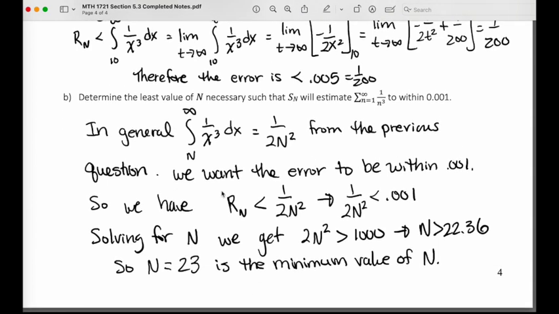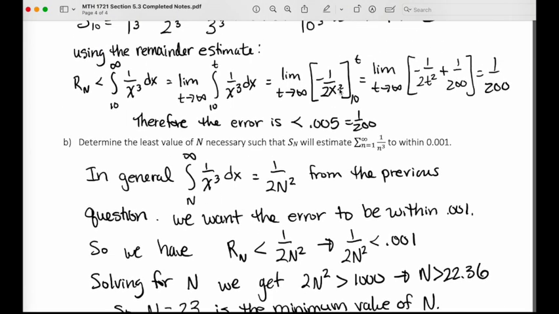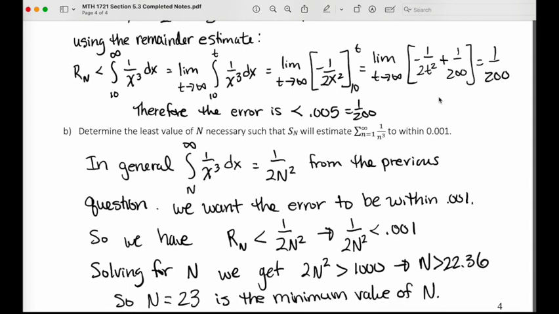So what we would do is just integrate from n to infinity generically. So instead of evaluating it specifically at 10, I would put in capital N here, and we would generically get 1 over 2n squared. But when we plugged in 10, we got 10 squared is 100, 100 times 2 is 200.